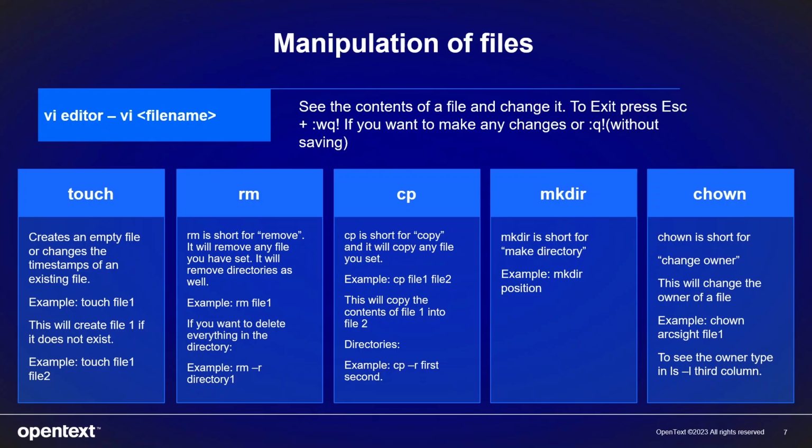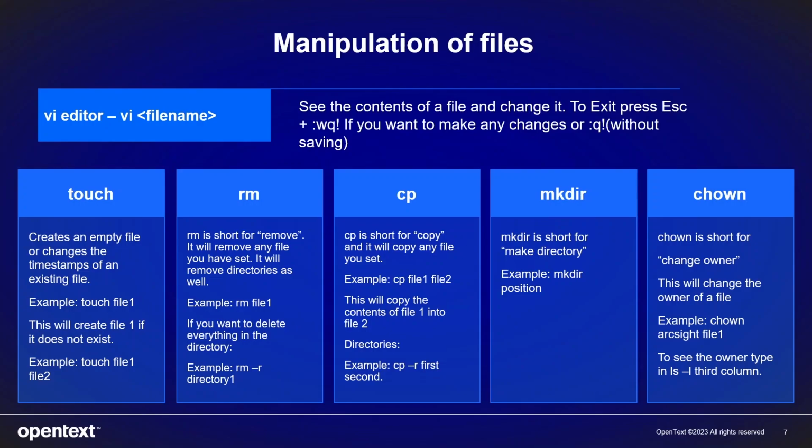For manipulation of files, we have the vi editor, which lets you see the contents of a file. If it's, for example, a text file or a log file, you type in vi with the file name and you'll be able to see it. To exit, you type in colon Q exclamation mark if you don't want to save anything.